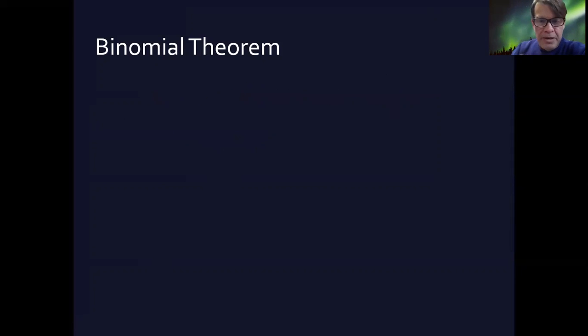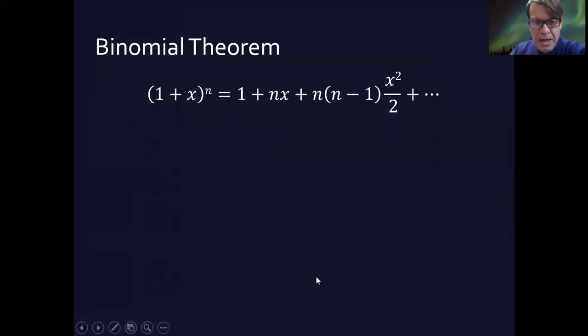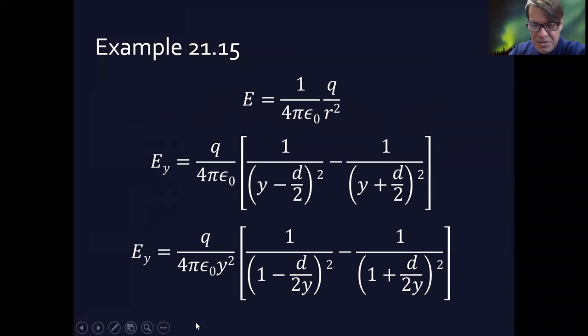So let me go back here and say that here we have 1. This is to the negative second power, right? So our power n equals -2 in this particular case, and then we have 1 plus something. Okay, and so this is the x right here.